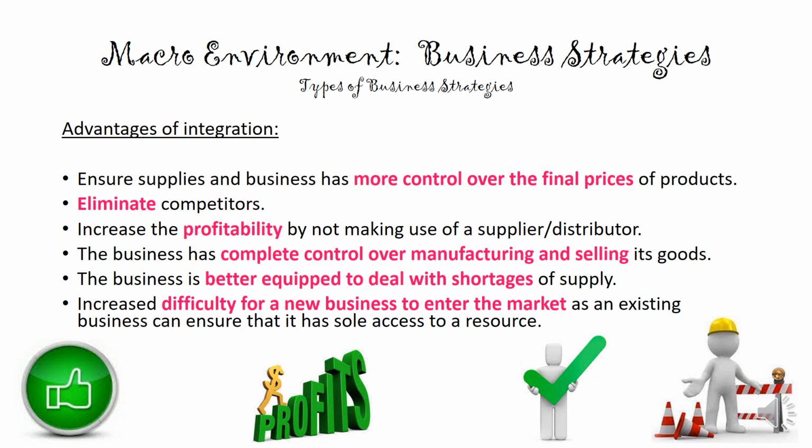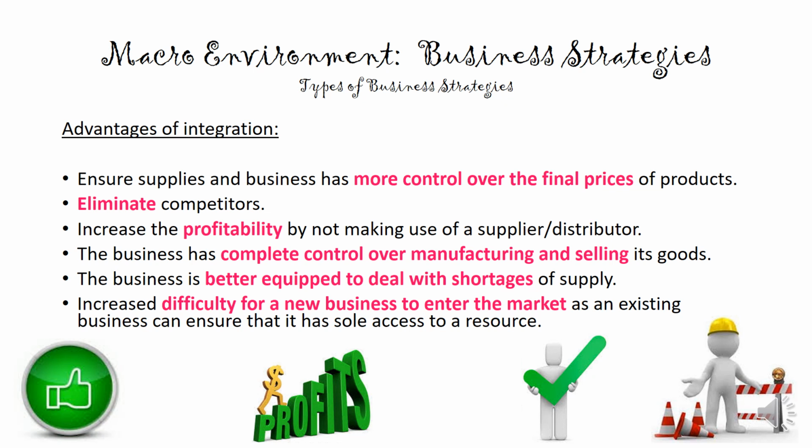Right, it also makes it more difficult for new businesses to enter the market because we can make sure that we have the sole access to a resource. Remember, a business can only enter a market if it has access to the raw materials. So if we have bought up all the apple farms in the area, it is impossible for anybody to open up another apple juice factory because they will not have access to their raw materials.